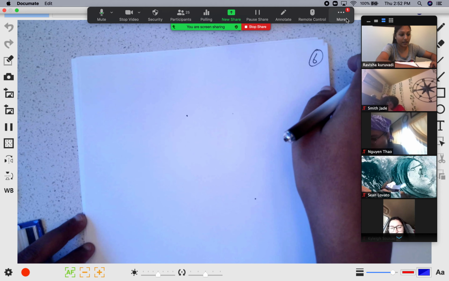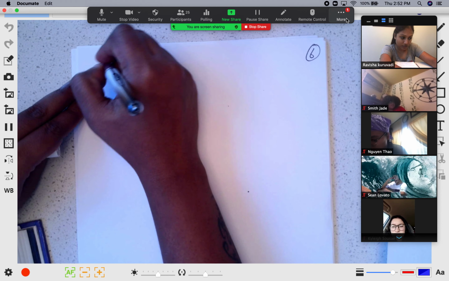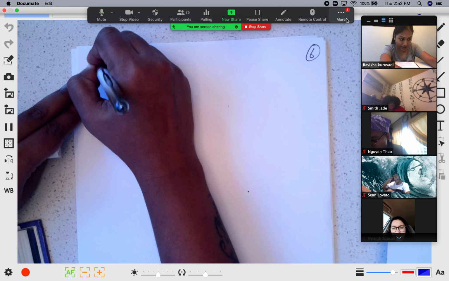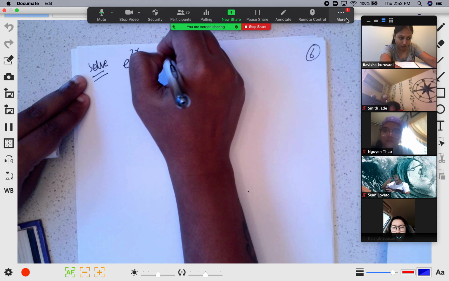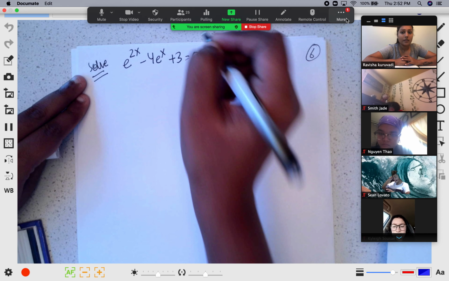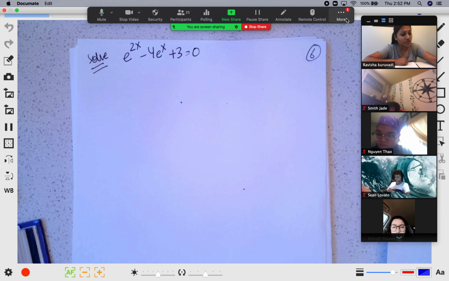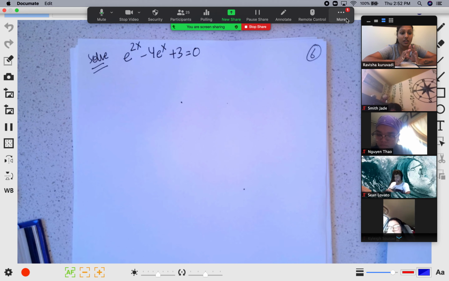you will be given a problem like, solve e to the power of 2x minus 4 e to the power of x plus 3 is equal to 0. Note, this thing looks like a quadratic function. And when it looks like a quadratic function, let's make it a quadratic function.